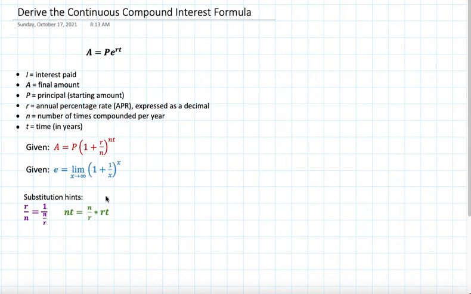So we'll start with the compound interest formula. We derived that last time. And I'm going to right away substitute in here, instead of r over n, I'm going to use 1 over n over r.